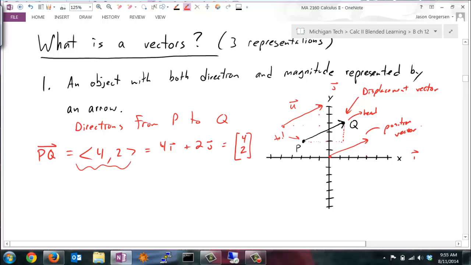And while we can have infinitely many displacement vectors that are equal to 4, 2, we can only have one position vector that's equal to 4, 2. It's this one. Starts at the origin, goes over 4, up 2. So that position vector is unique, while in general we talk about the vector 4, 2 not being unique.